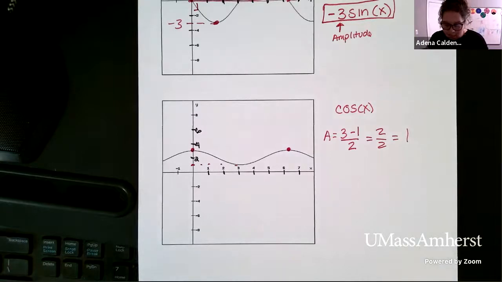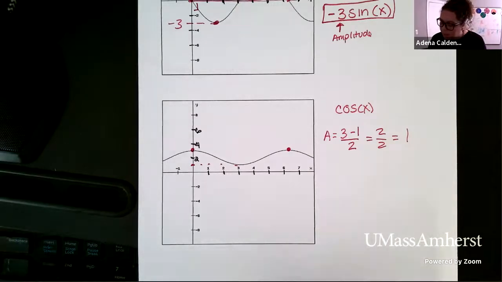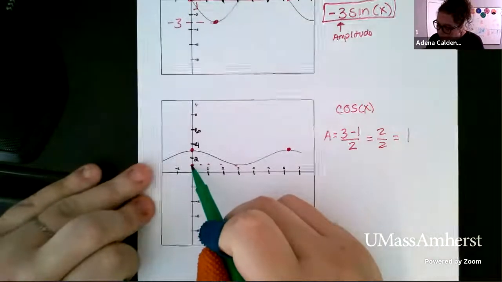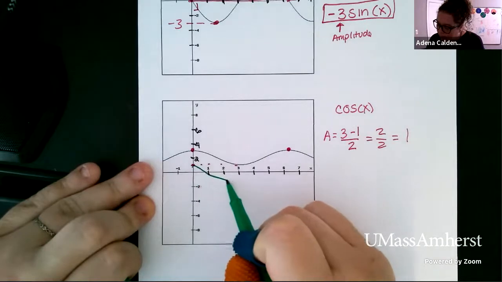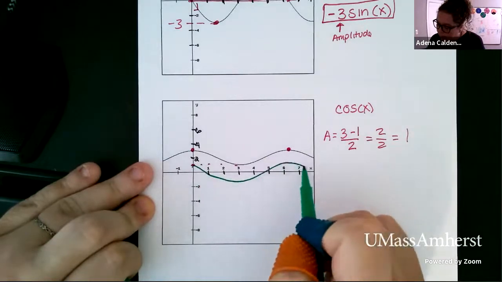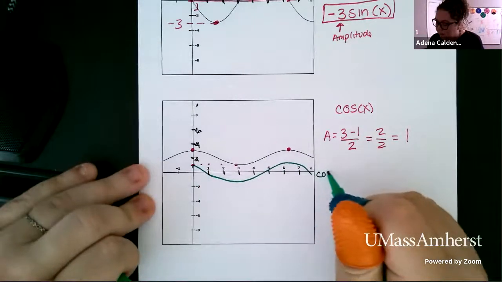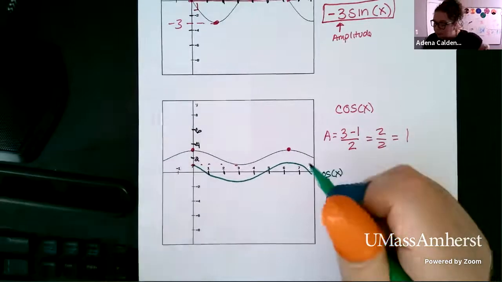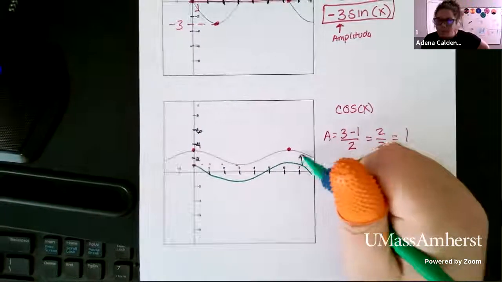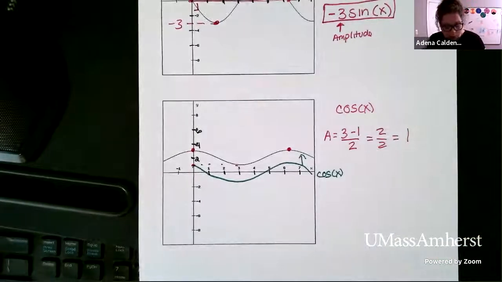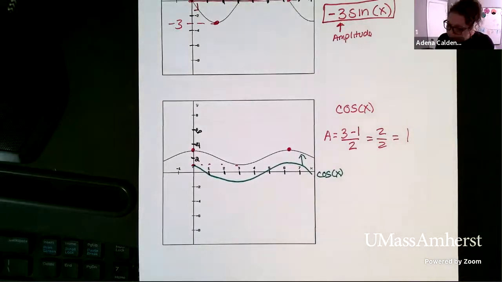Now, at this point, I know that it can't just be 1 cosine of X because cosine typically goes between 1 and negative 1, right? So something more like that, right? So I can see that this cosine has been moved in the upward direction. So how do I figure out how much it's moved?